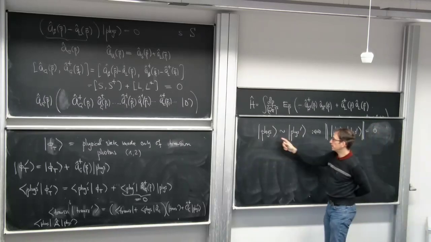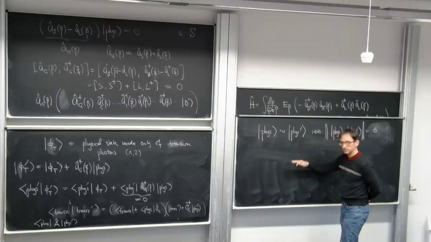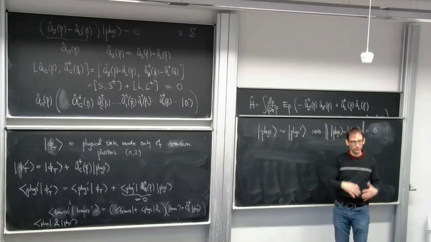These are now equivalence classes. If you have one state that's physical, you can have another one that's equivalent to it by just adding a null state, and then build your whole family of states that are all equivalent. It's an equivalence class, and any state out of this class is as good as any other. That's what equivalent means. Picking one means you have a representative of the class.